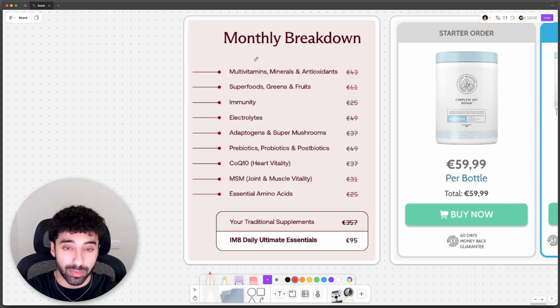So multivitamins, minerals, antioxidants, superfoods, greens, fruits, all of that stuff. All of it is obviously very costly if you buy it by itself. But if you price anchor it to your Daily Ultimate Essential, which contains all of these things at nearly a third or lower than a third of the price, it's obviously a very strong price anchoring. At the end of the day, it's just a lower number.